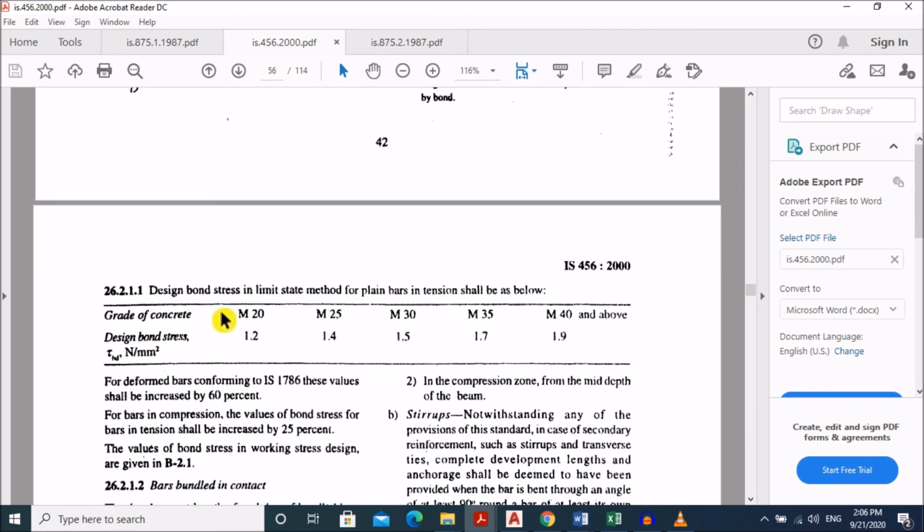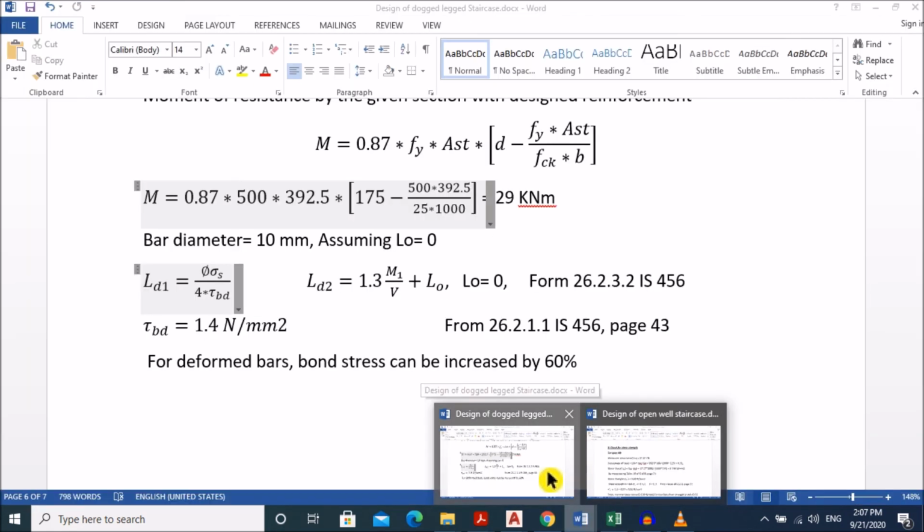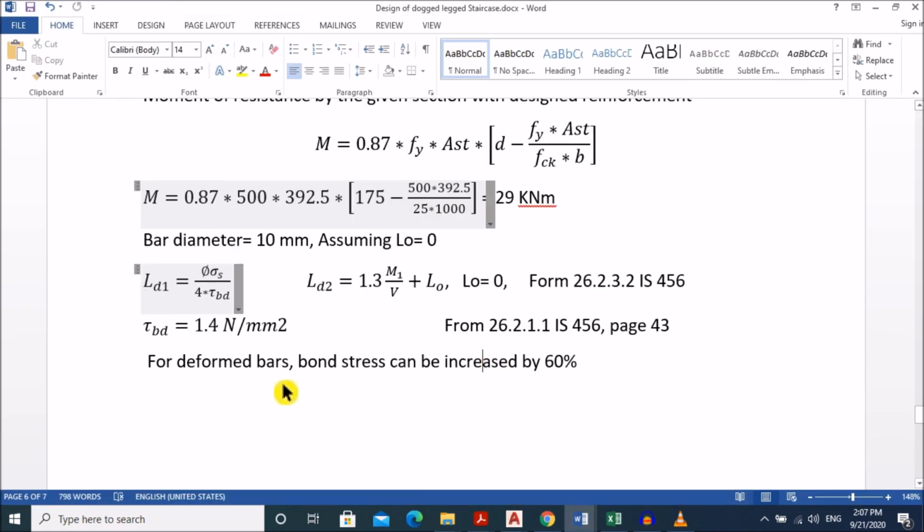And the bond stress value in limit state method for plain bars is 1.4 for M25 grade of concrete. For deformed bars conforming to IS 1786, this value shall be increased by 60%. That's why we use this 60%.